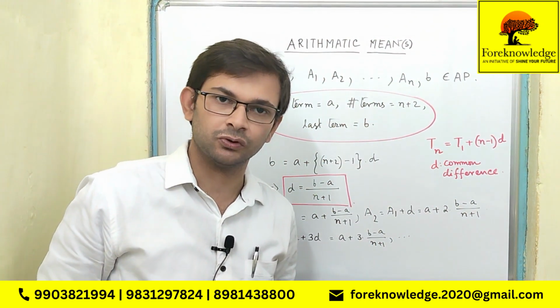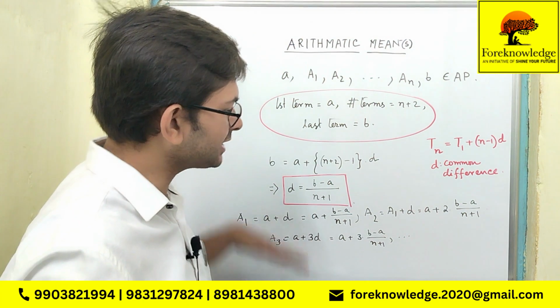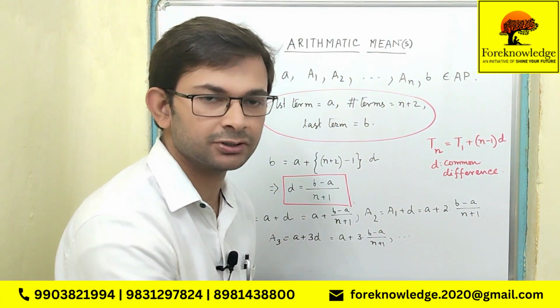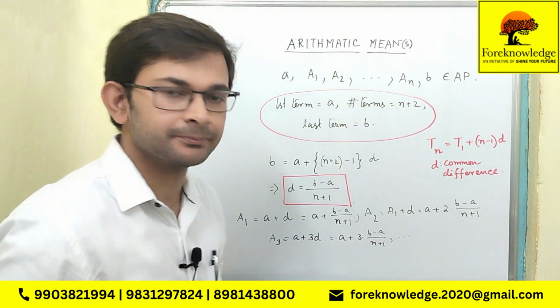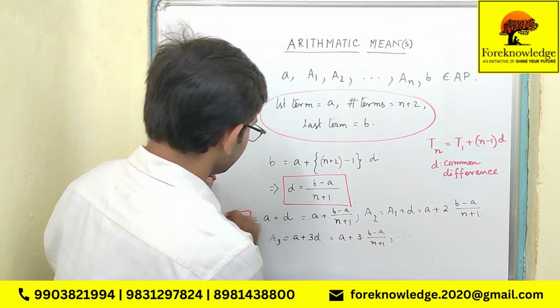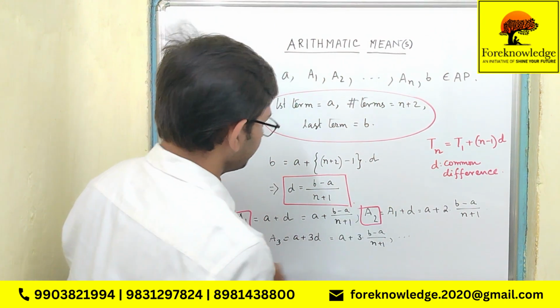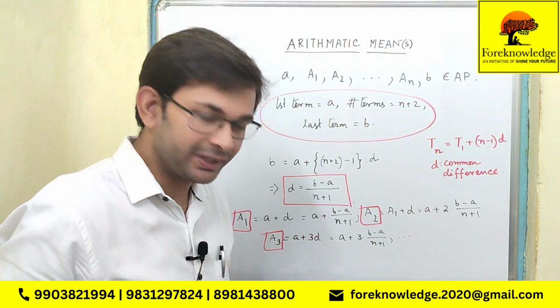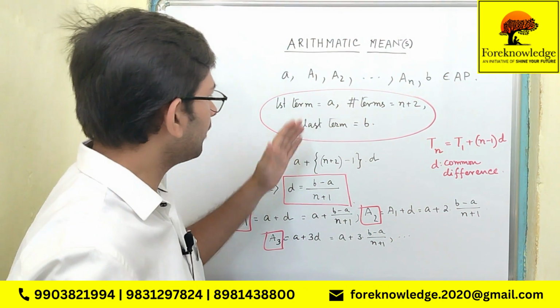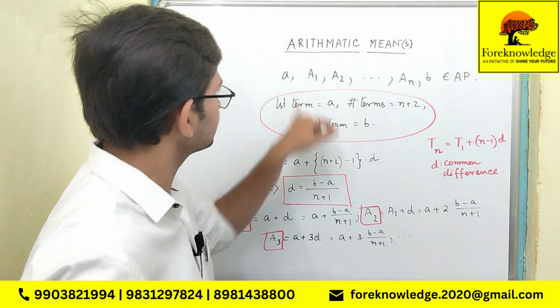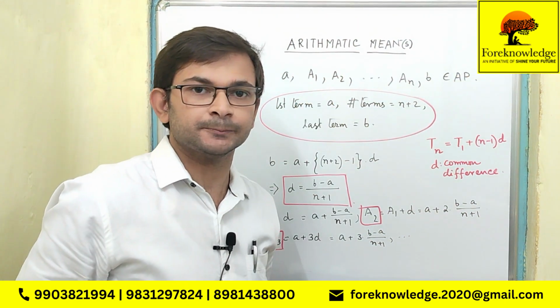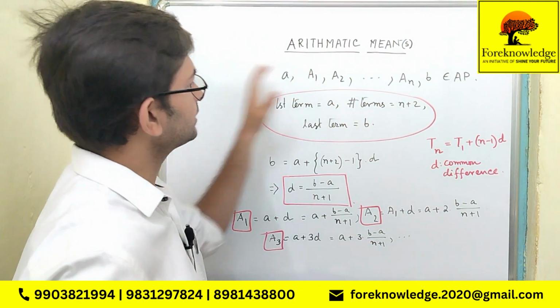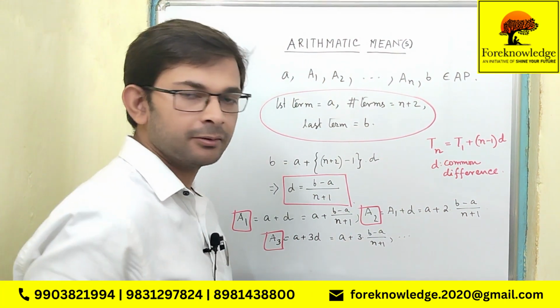That is how we find the arithmetic means. This A1 is an arithmetic mean, this A2 is an arithmetic mean, this A3 is an arithmetic mean. How do we get there? We get there by calculating the common difference of this AP series.